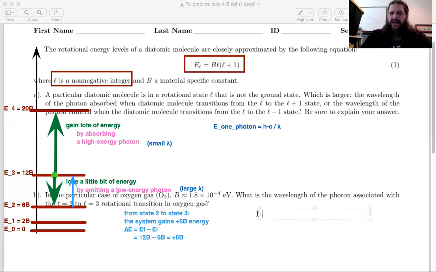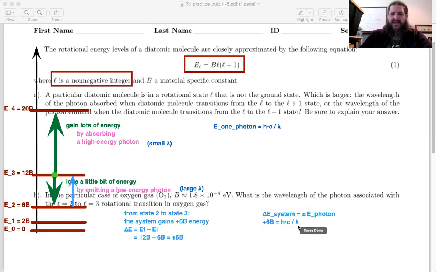And in general, for any quantum system, the change in energy for the system equals plus or minus the energy of 1 photon. We now know the change in energy for the system is plus 6B. We can set that equal to the energy of 1 photon, hc over lambda. And lambda is specifically the wavelength of the photon, of the light itself. And we want to know what's the wavelength associated with this.